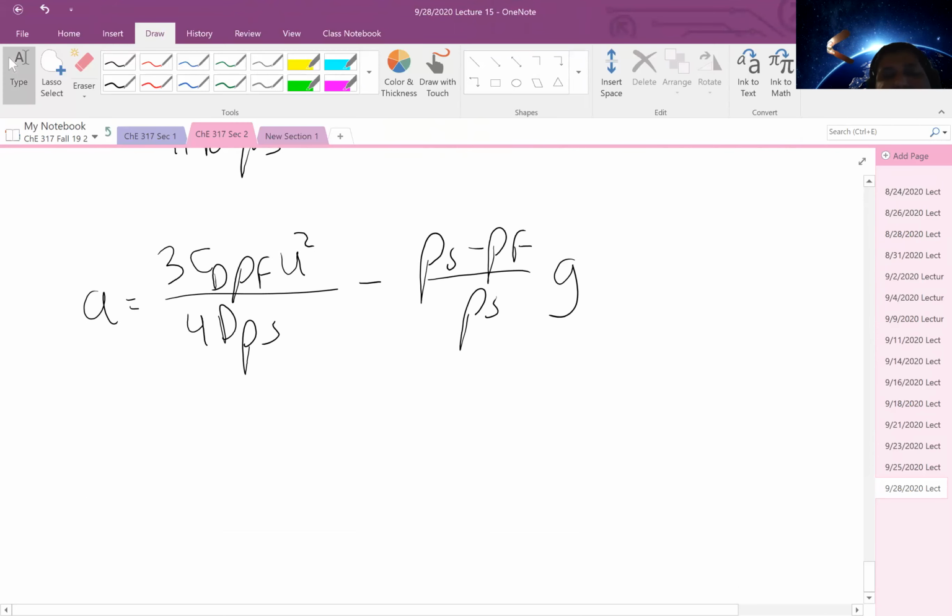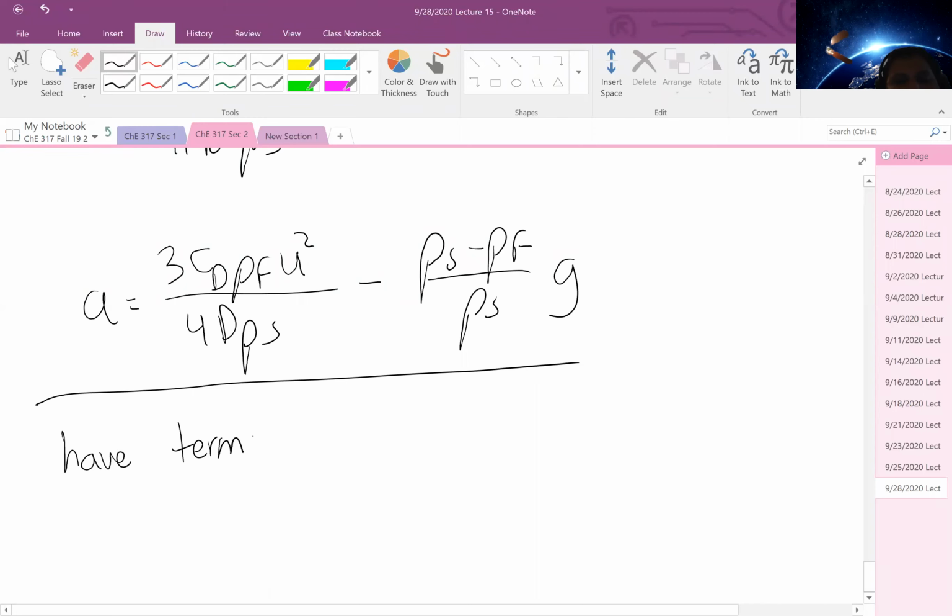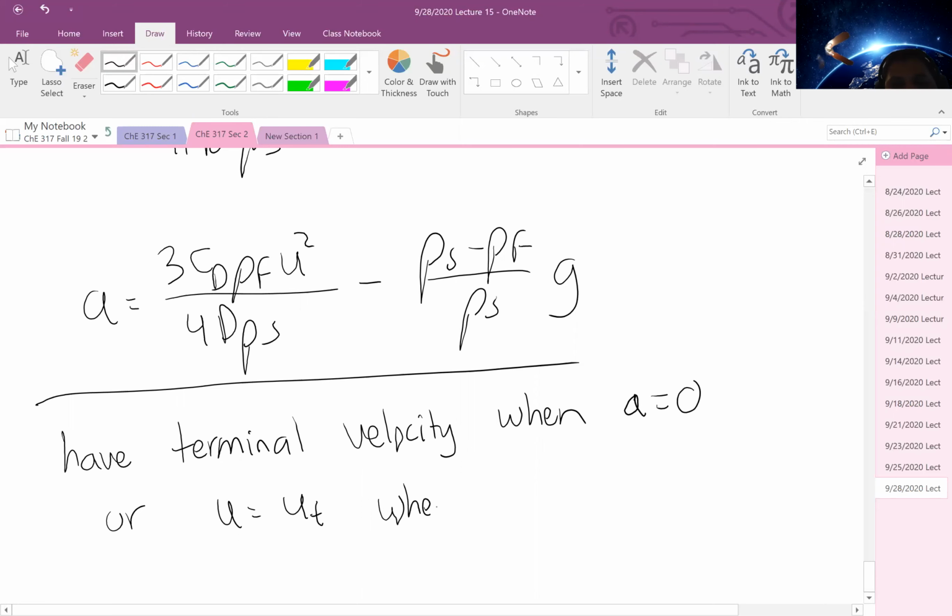Now, this is why I held off on saying the accumulation was 0. Primarily because now that I have this expression for acceleration, I can say we have our terminal velocity when a equals 0, or U is equal to U sub t when a equals 0.